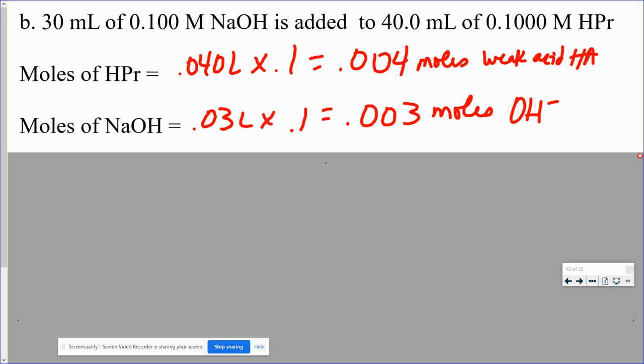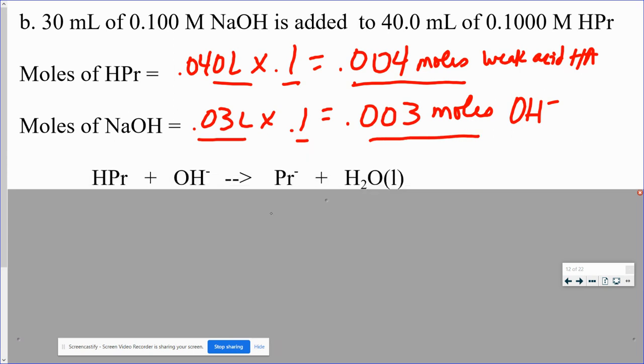So originally we have 0.04 liters of 0.1 molar of the weak acid. So multiplied together, we have 0.004 moles of our weak acid. Same thing with our NaOH. We're adding 30 milliliters, which is 0.03 liters, times 0.1 to get our moles of OH minus. Those completely react together.